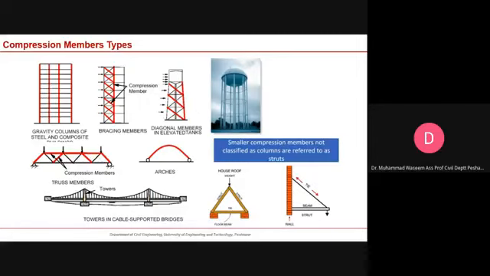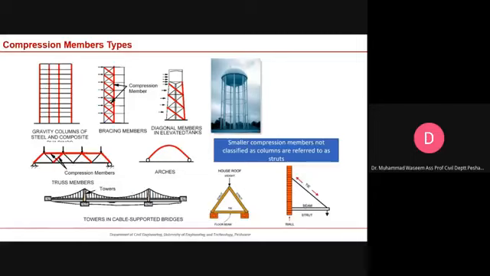You can find them in elevator towers and in trusses. In trusses, you know that we have tension members and compression members. In arches we also have compression. In the case of cable-stayed bridges, the towers are the compression members.